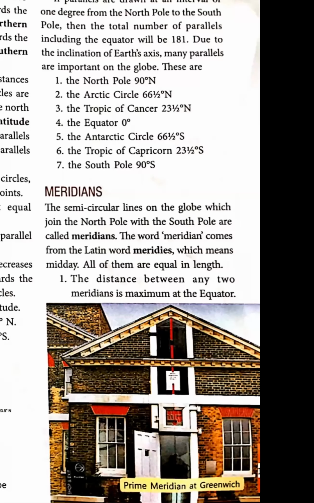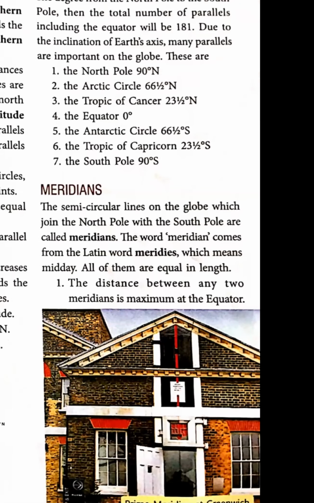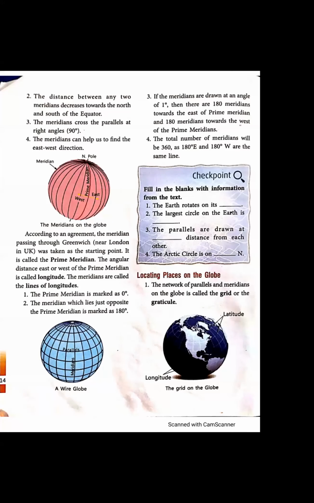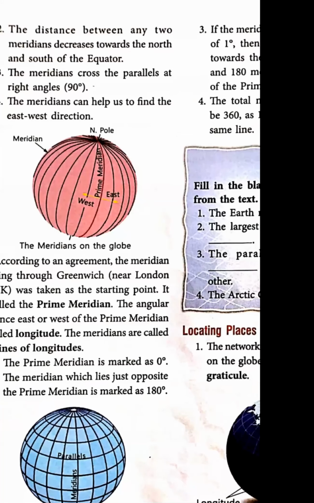Meridians. What are meridians? The semicircular lines on the globe which join the North Pole with the South Pole are called meridians. Look at this diagram. Semicircular means half circular. This is the North Pole and this is the South Pole.